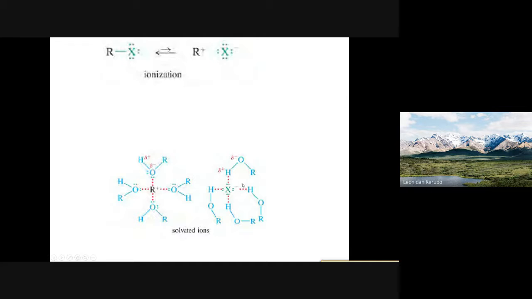It's the positive part of the alcohol molecule which will be attracted to the halide. So the halide will be surrounded by solvent molecules from the end which has a partial positive charge, while the end with a partial negative charge surrounds the carbocation.